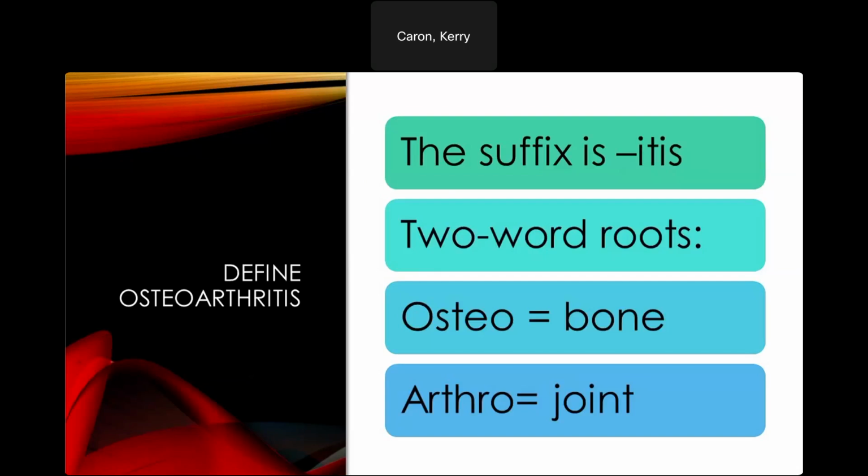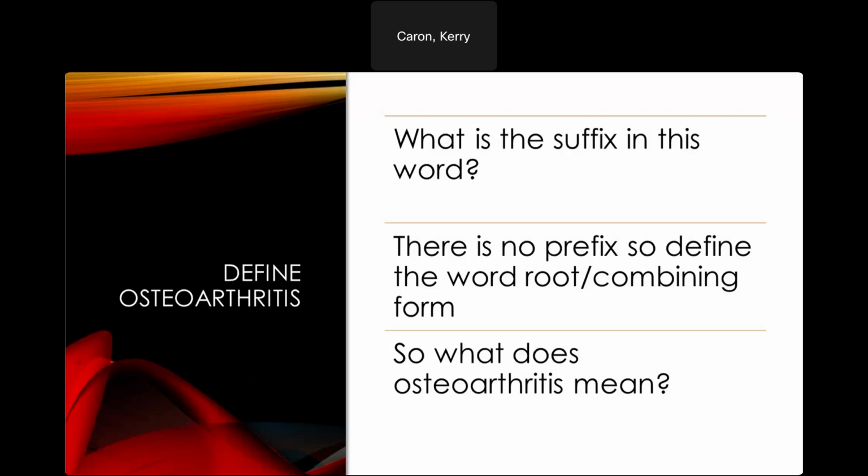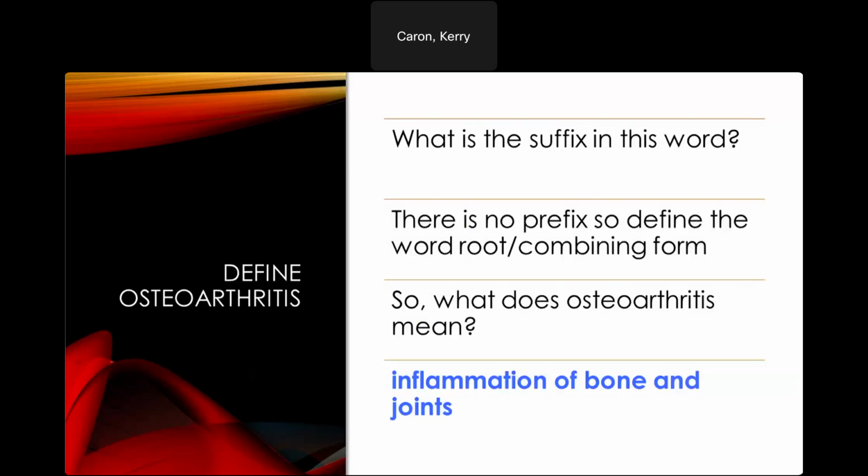Okay, and osteo means bone, arthro means joint. So the suffix of this word is itis. So you go to the front of the word, and so it's inflammation of the bones and joints.